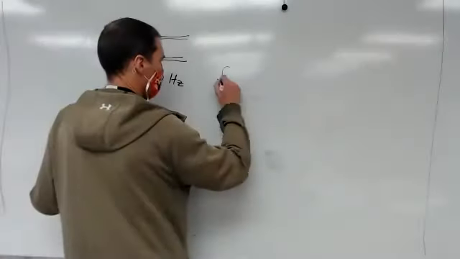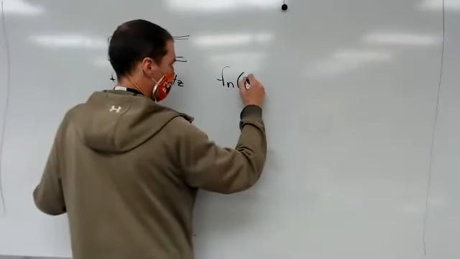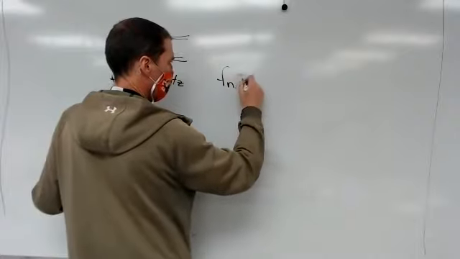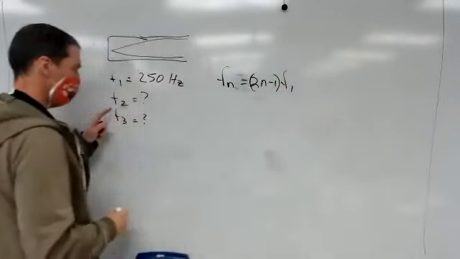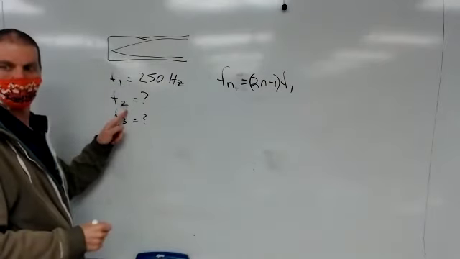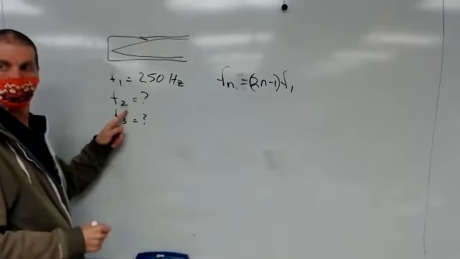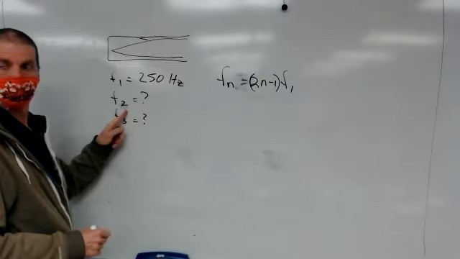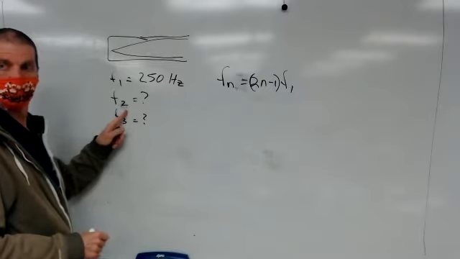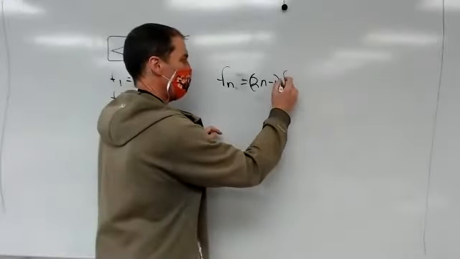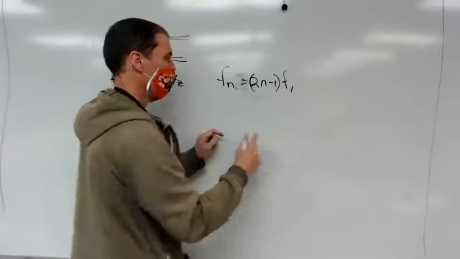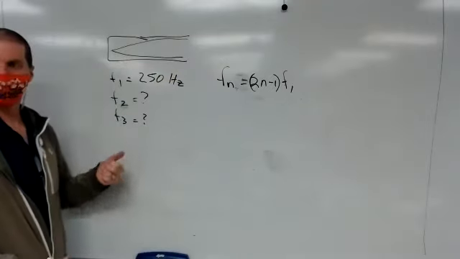Yes, it is. So the nth harmonic is equal to 2n minus 1 times the first one. What does that formula look like? So this is a formula, right? Yeah. So for n equals 2, what's the value?